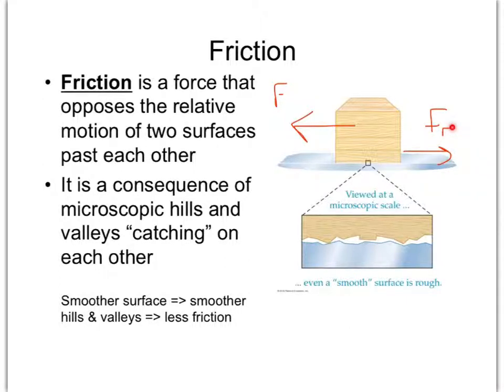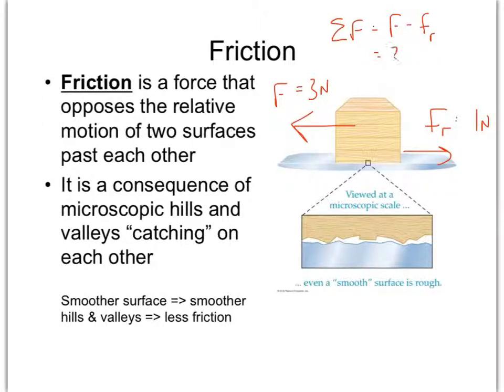So right here we have two forces acting on this box. Let's pretend this force right here is, I don't know, 3 newtons, and the friction force is 1 newton. You notice they're in opposite directions, so you might say the net force on this box equals the regular force minus the friction force.